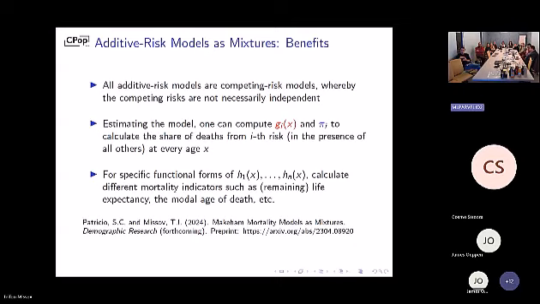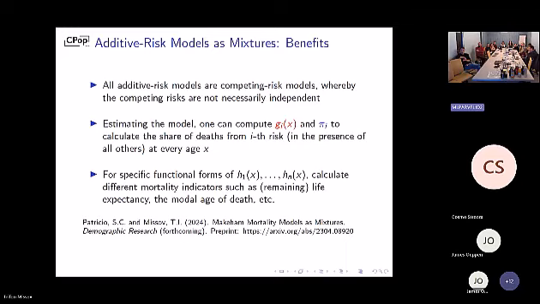So this is great, because in mortality we have a lot of additive risk models. And then if we estimate an additive risk model, we can easily compute the contributions of each risk to the overall share of deaths.